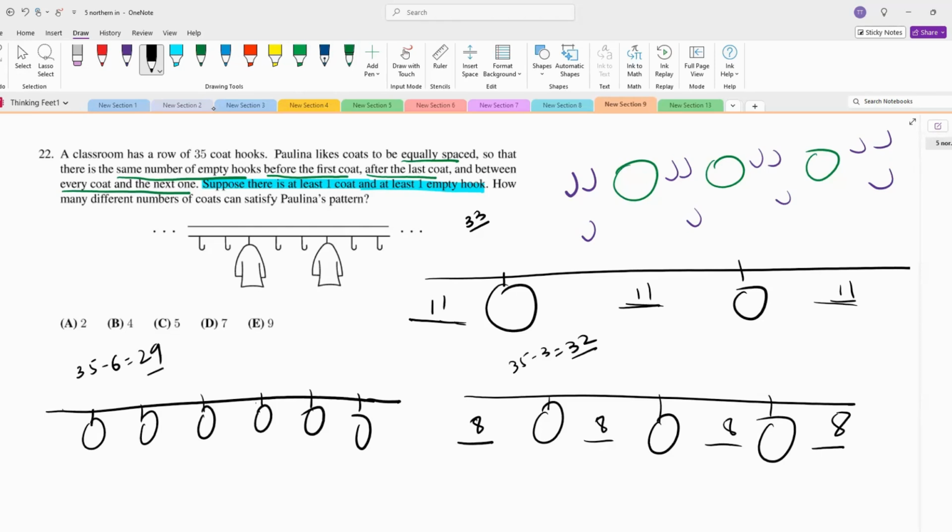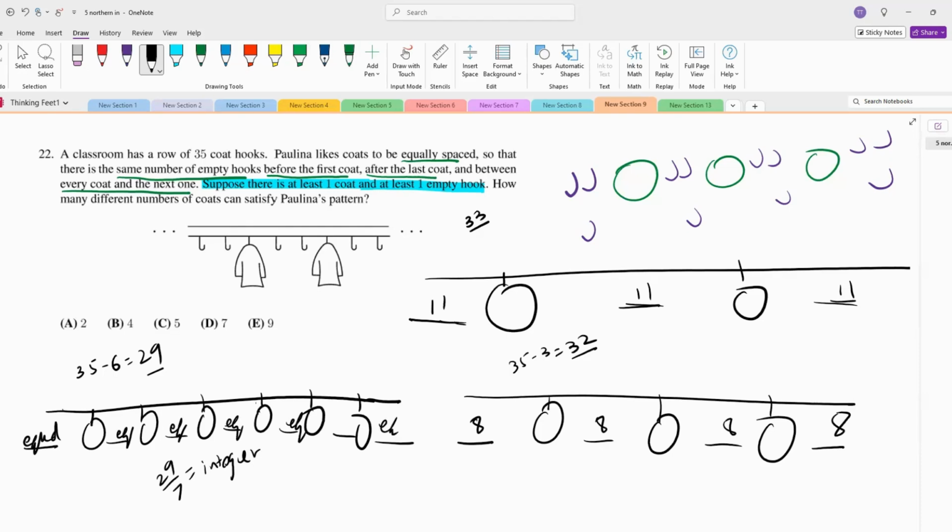It's a prime number, so I already know I won't be able to divide it, but let's see. I got 7 gaps, right? 1, 2, 3, 4, 5, 6, 7 gaps. And 29 over 7 does not give me an integer, which means I will not be able to place an equal number of hooks here, here, here, here, and here.